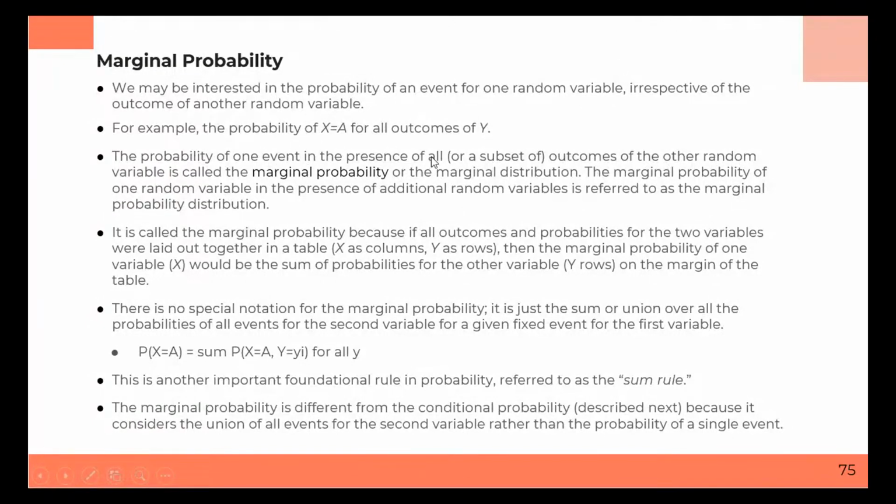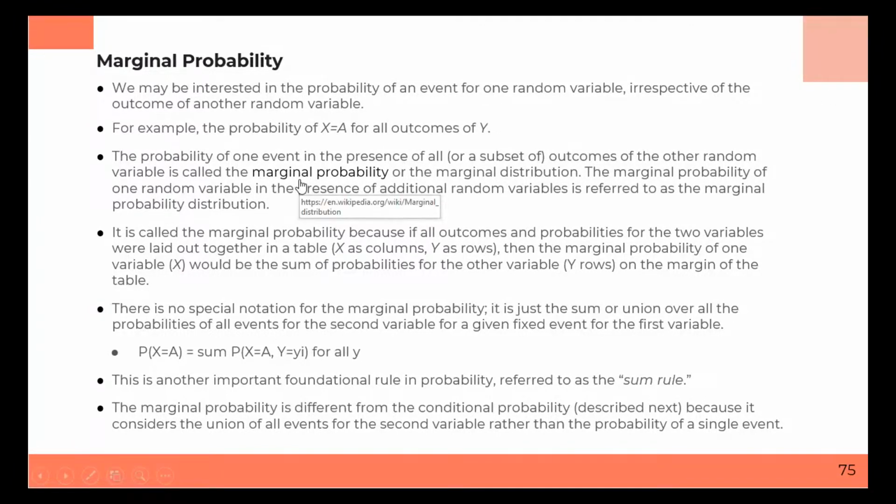Why is it saying presence of all? Presence means the outcomes of the other variable you already know. The outcomes you already know of the other random variable is called marginal probability or marginal distribution.